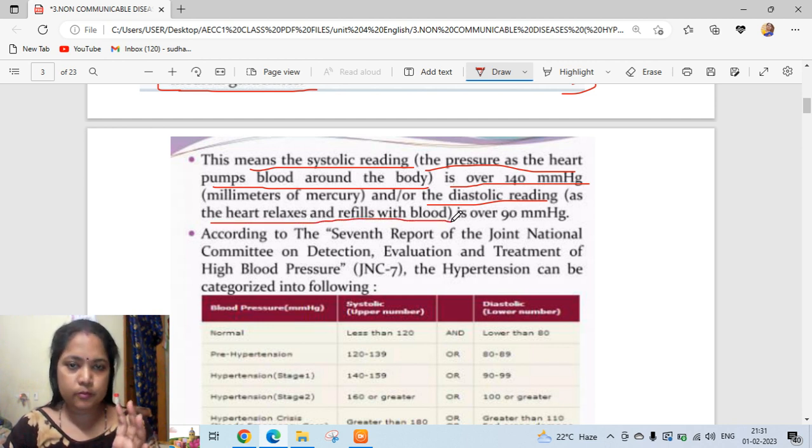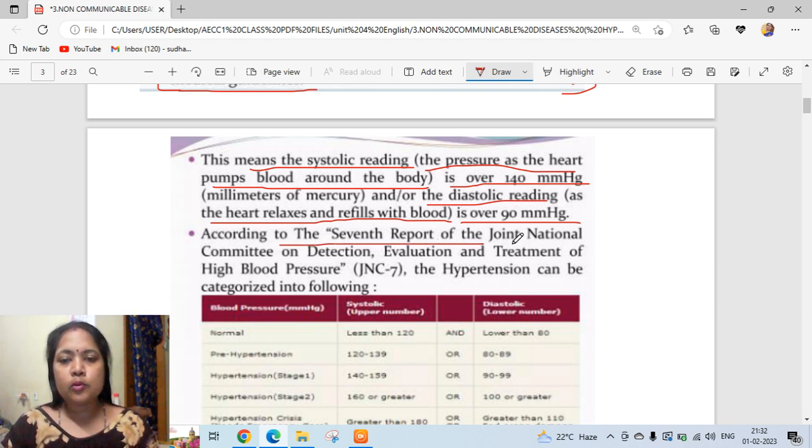When the heart is squeezing, it is releasing the blood, and when it expands, it refills with blood. So that diastolic reading should be over 90 millimeter mercury.